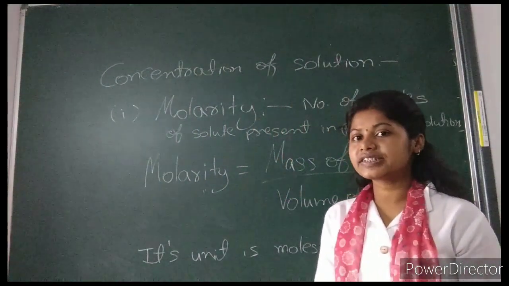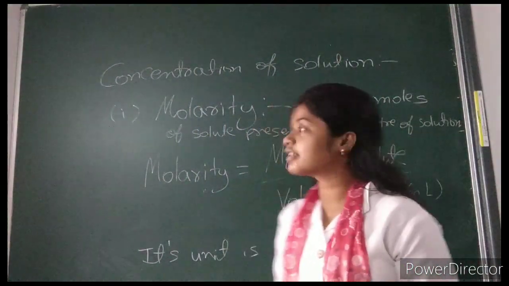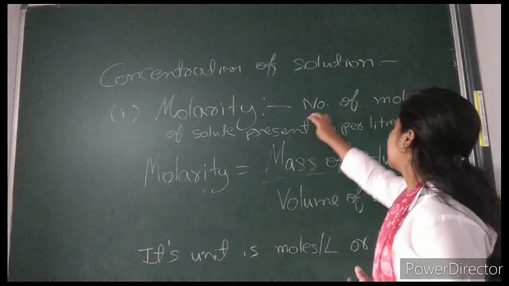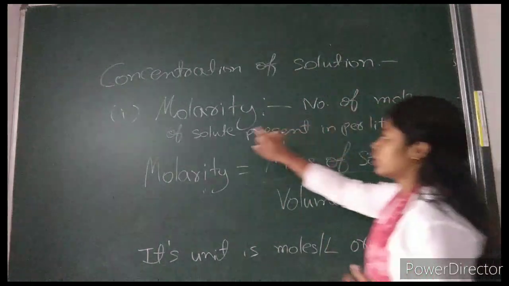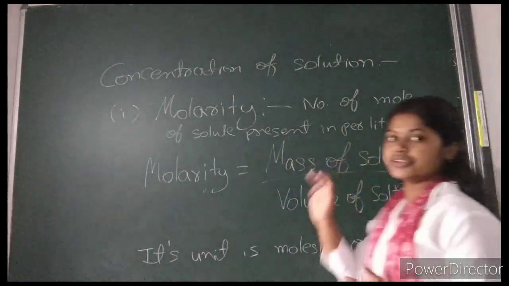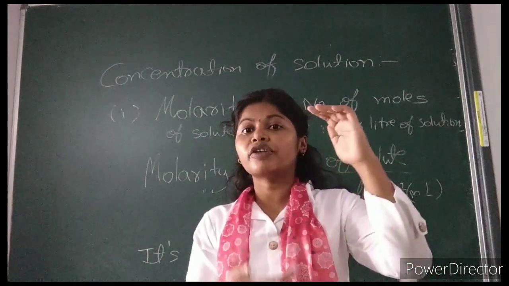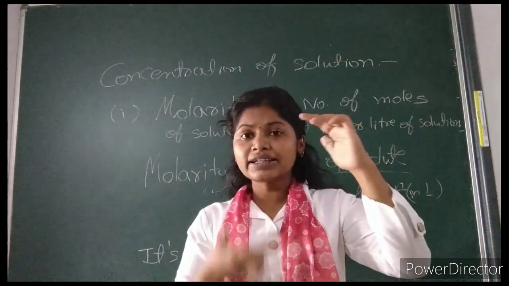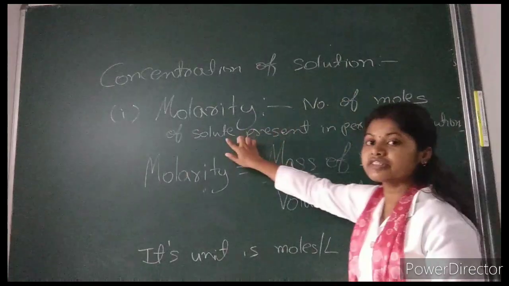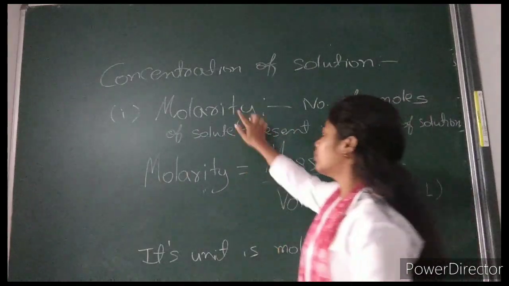Now students, let us understand the molarity. Molarity is the number of moles of solute present per liter of the solution. It means your solution should be of 1 liter, and in that 1 liter solution, the quantity in moles of solute present defines the molarity.